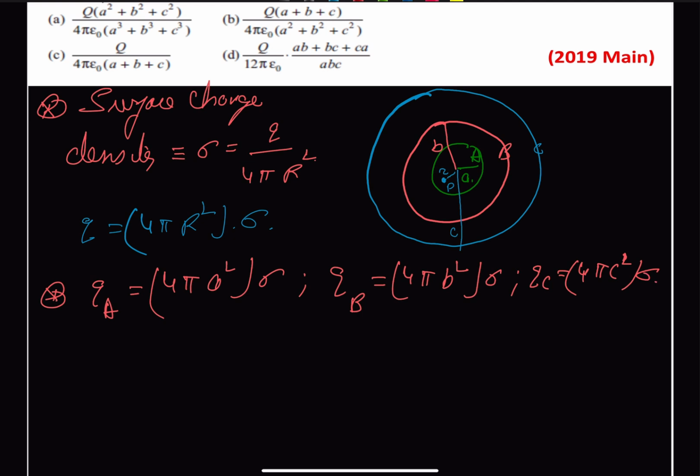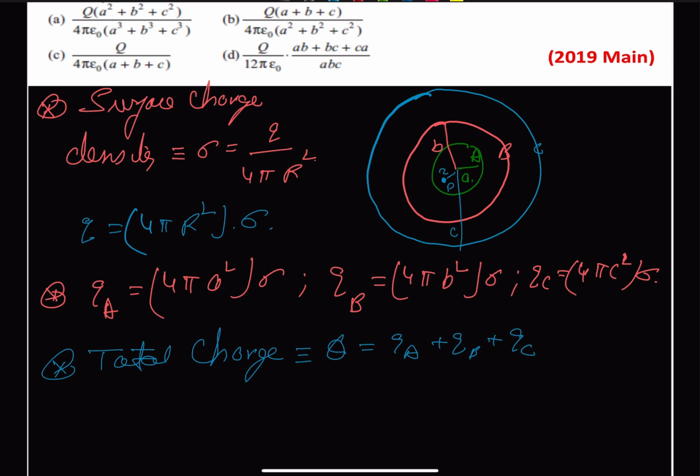Therefore, the total charge, let us suppose that is capital Q, will be equal to QA plus QB plus QC.